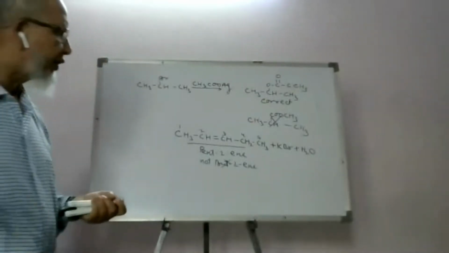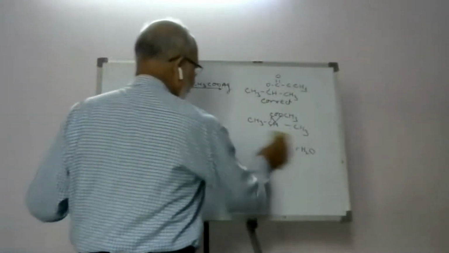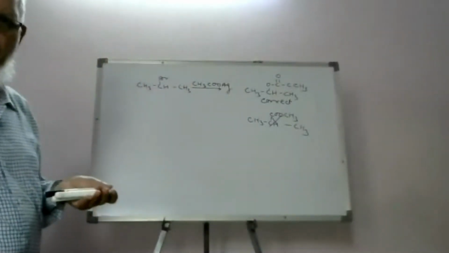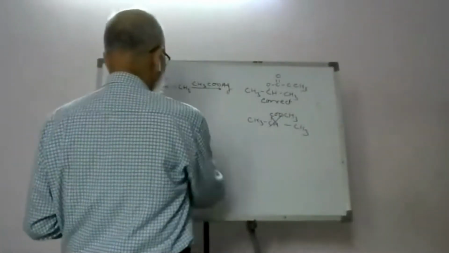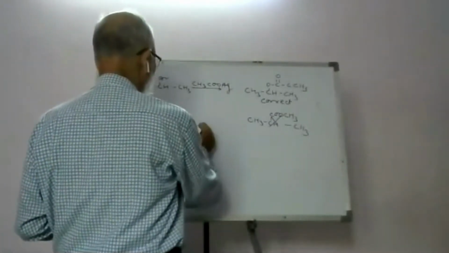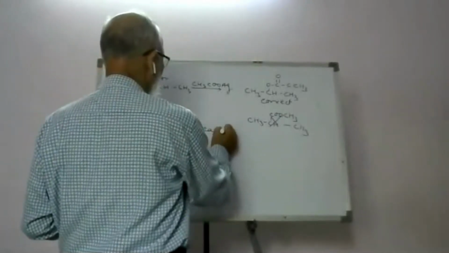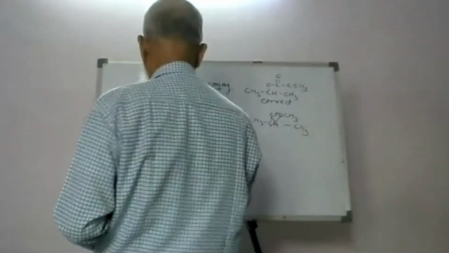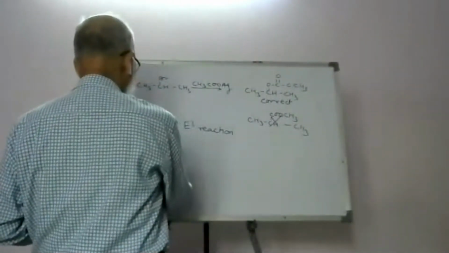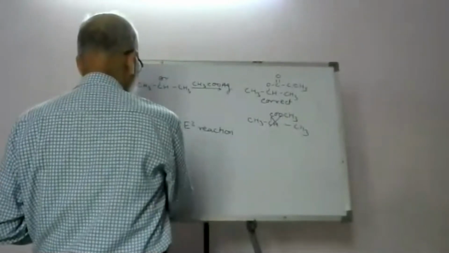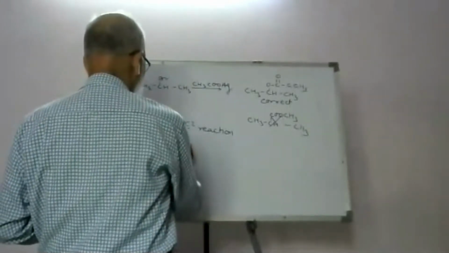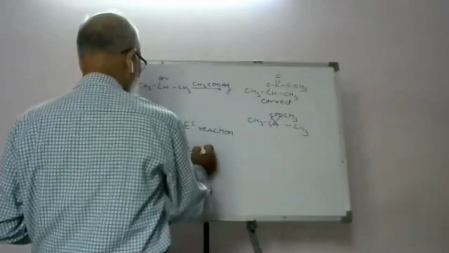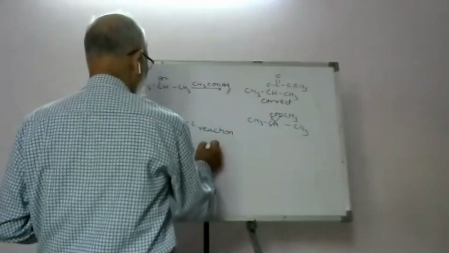Similarly, in the mechanism of the E2 reaction, some bonds were left. In E2 reaction, this was your CH3, CH2, Cl, and this is your nucleophile.